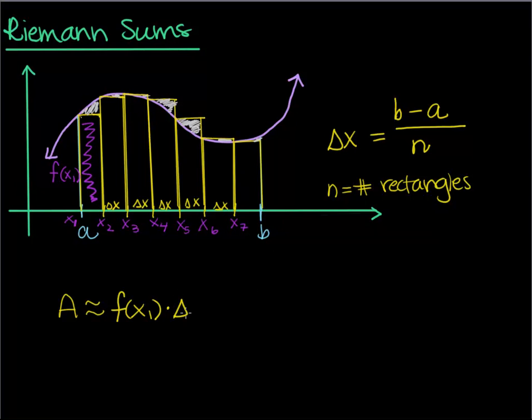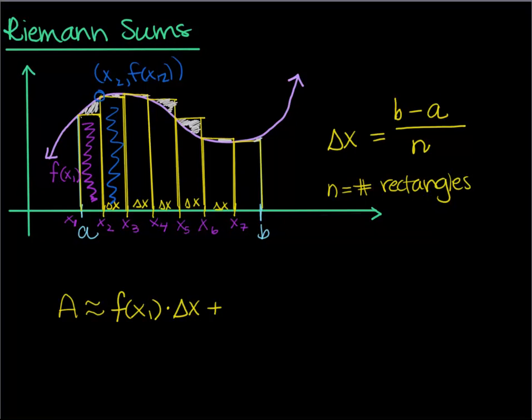So if I want the area, there's the area of that first rectangle. How do I find the area of this second rectangle right here? Well, I would take the height of it. This point right here is x sub 2 comma f of x sub 2.